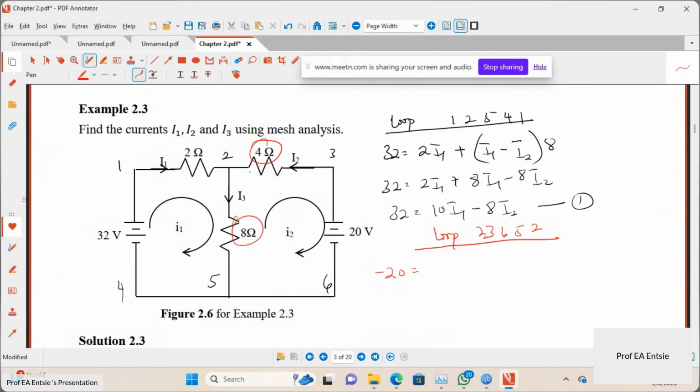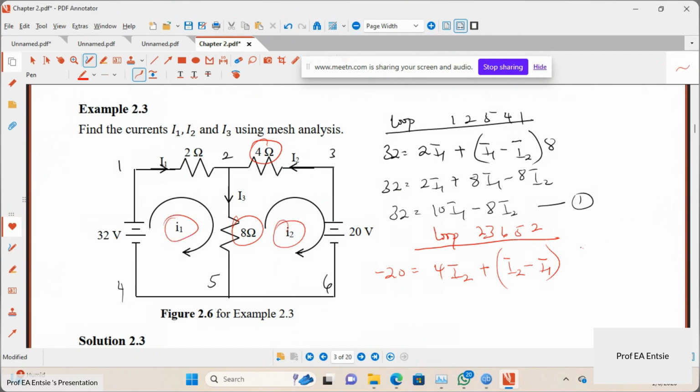Let me do the 4 ohms. The voltage drop across the 4 ohms will be 4 times I2, plus the voltage drop across this 8 ohms. That one will be I2 minus the other loop's current, which is I1. So I2 minus this one times 8.